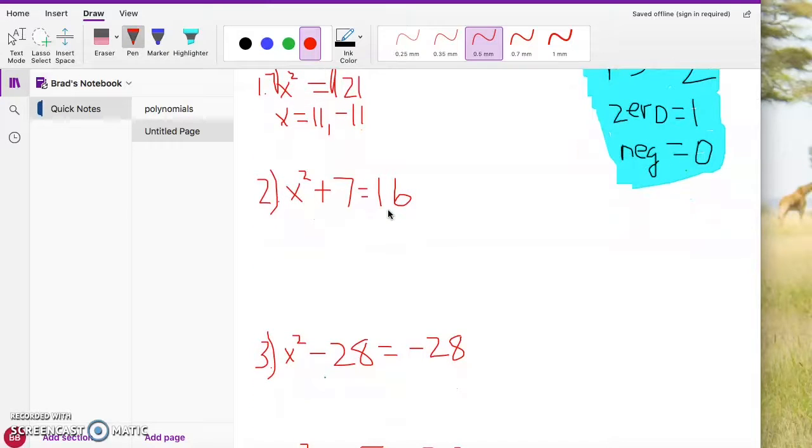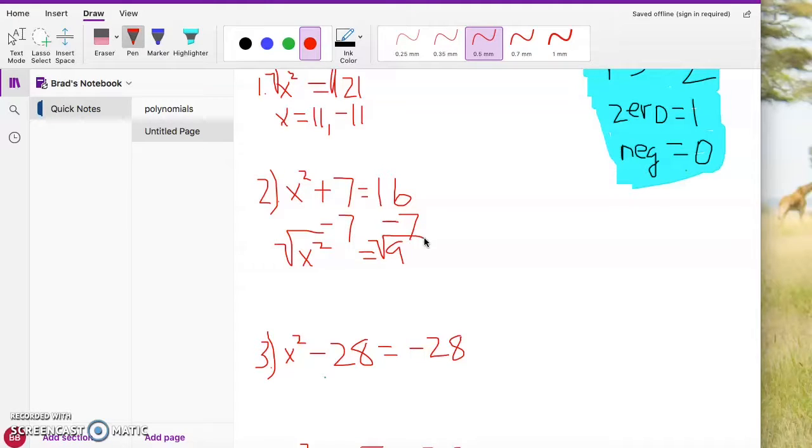We add one more step here: x squared plus 7 equals 16. All we do is subtract 7. Whatever you do to one side, you have to do to the other. That gives us x squared equals 9. From here it's straightforward: square root both sides.